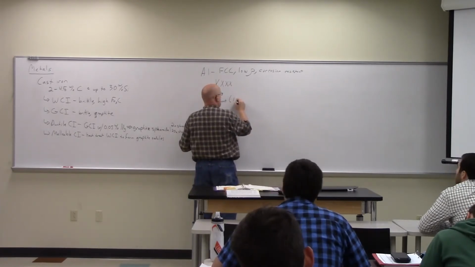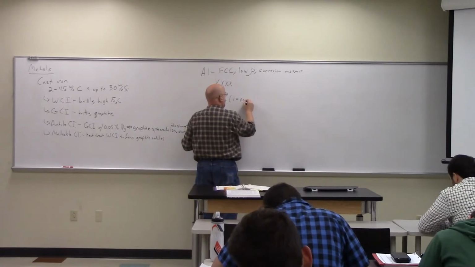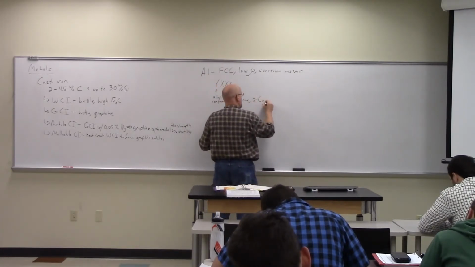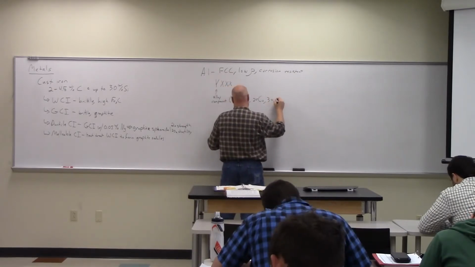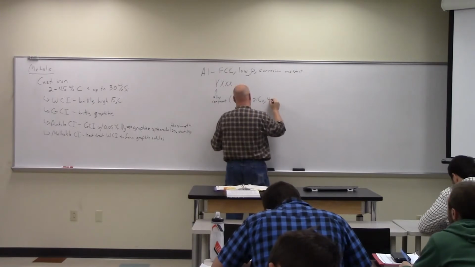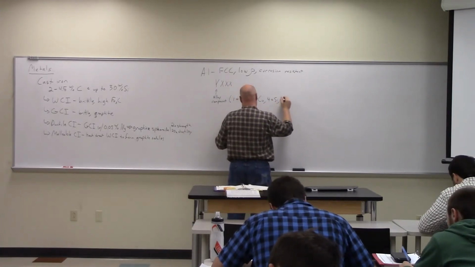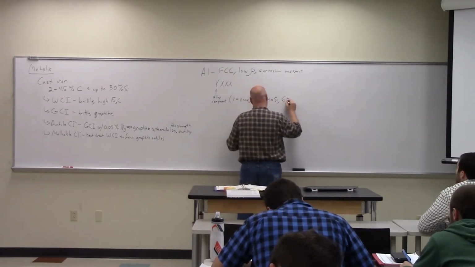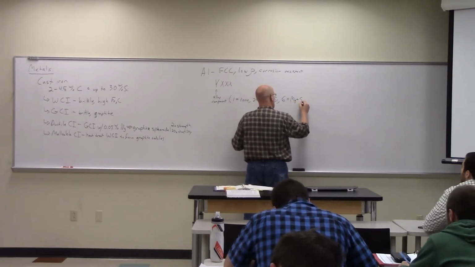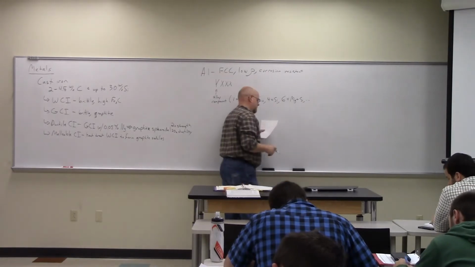So 1 is none, there's no alloy, it's pure aluminum. 2 is copper. 3 is, oh, no, I don't have 3. I didn't write down all of them. 4 is silicon. 6 is magnesium plus silicon, and so on.